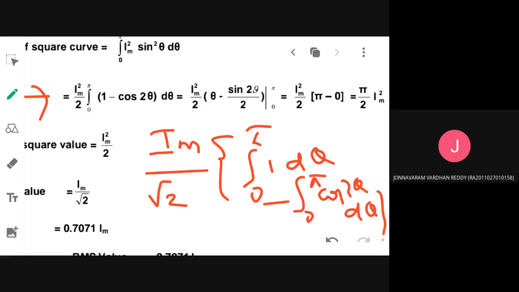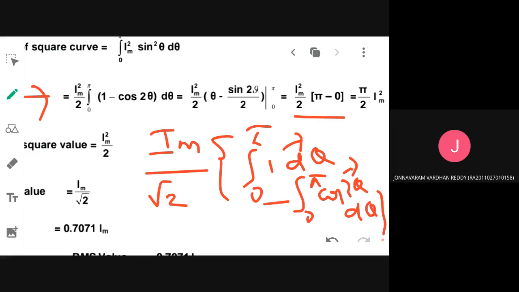If you integrate this, it becomes theta. If you apply the limits, it will be Im squared into pi minus 0. Then for the second term, it will be sin 2 theta by 2.